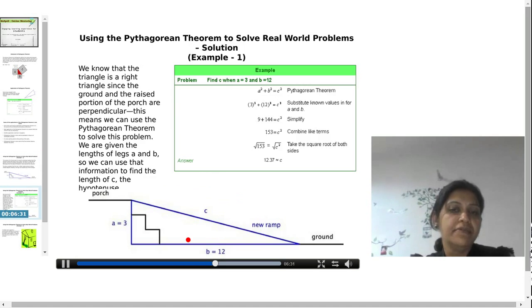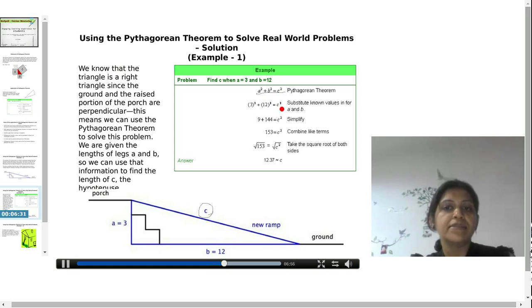So we can solve it like that. That's a perpendicular. a is equal to 3 feet. b is equal to 12. That's a base. And we have to find the length of the ramp. So according to Pythagoras theorem, a square plus b square is equal to c square. So substituting the values, a is equal to 3 feet, b is equal to 12 feet.